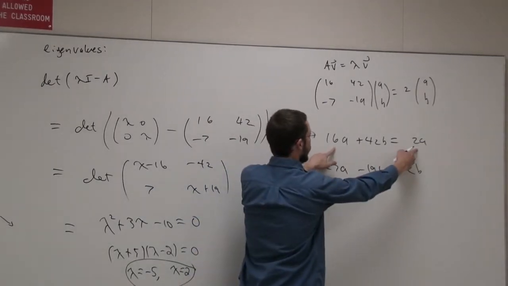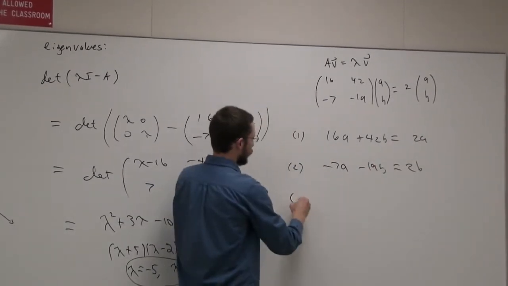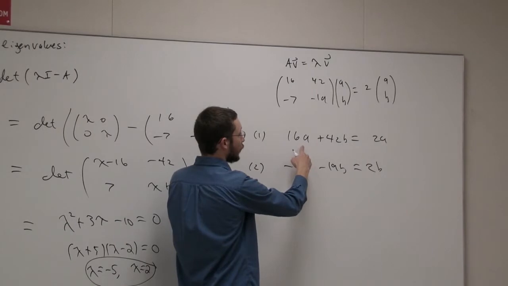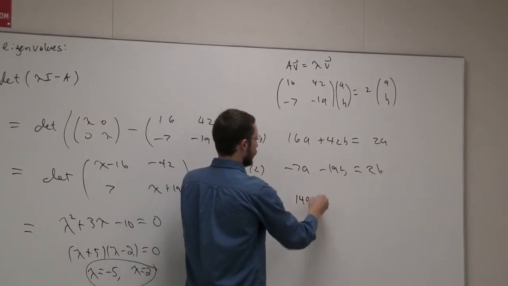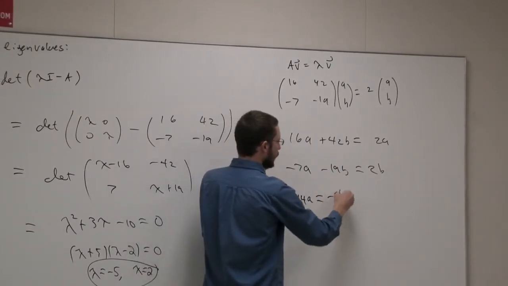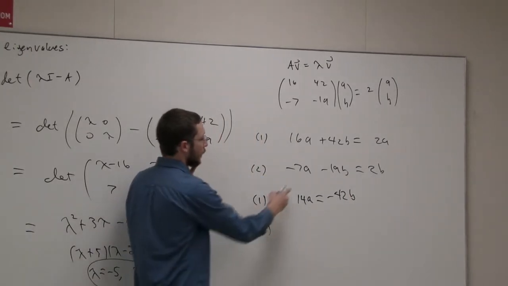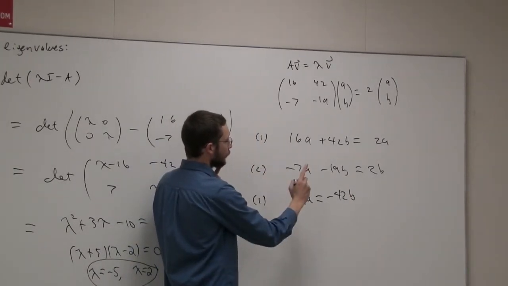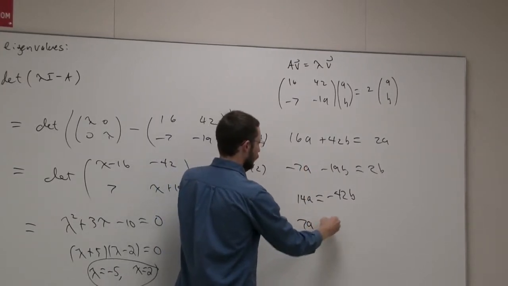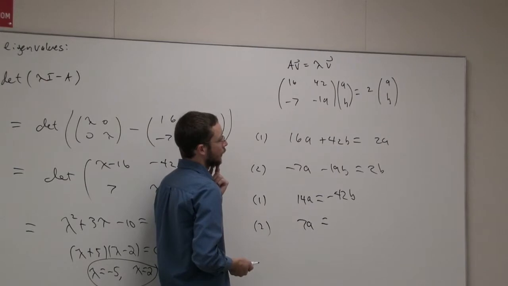Let's put the A's on one side and the B's on the other. So equation 1 becomes 14A equal to negative 42B. And equation 2 becomes, what do we get? 7A equal to negative 21B.